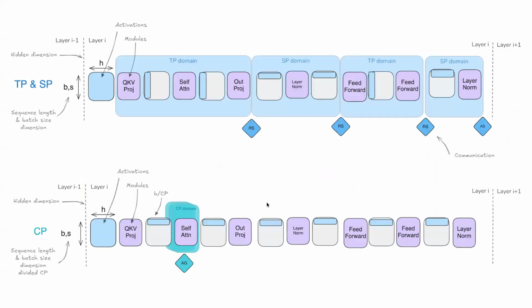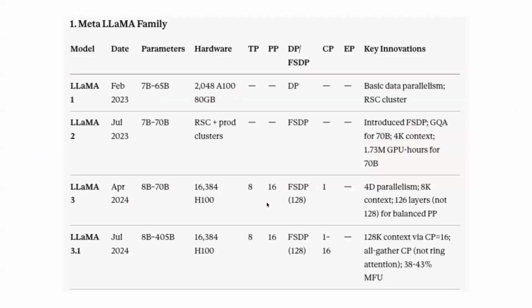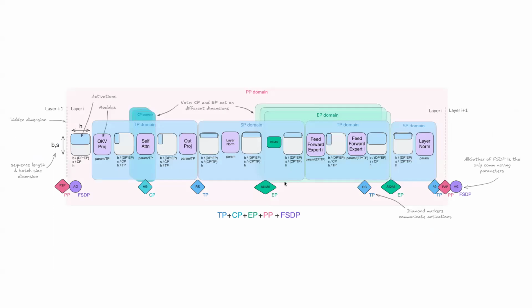So I'm not going to go through too much detail here because we've basically covered it already. Slice across hidden dimension, tensor parallelism that we can do for FFN and for self-attention, sequence parallelism for layer norms, and for the router.